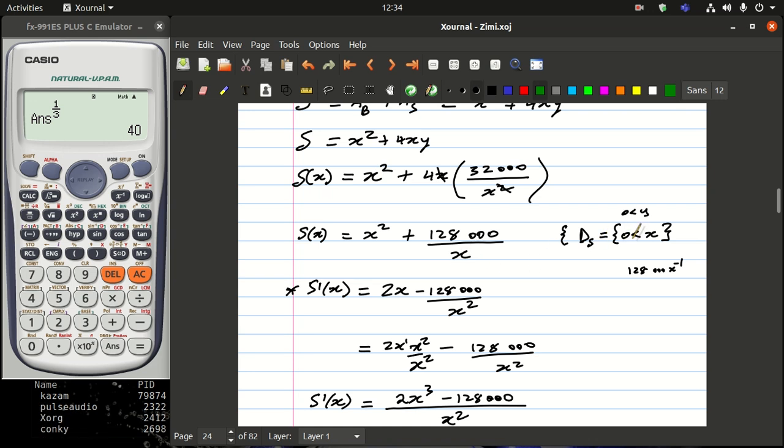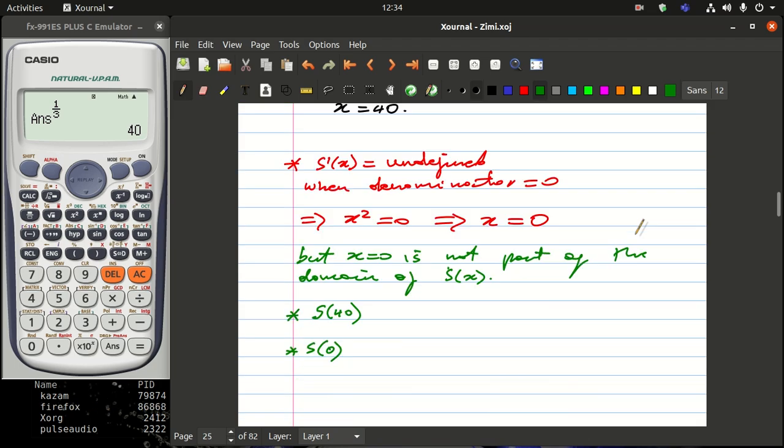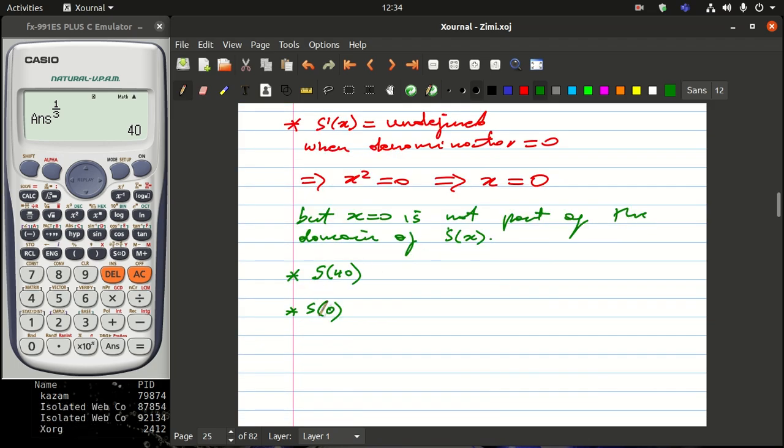Because we don't have equality here, we don't have to check 0, but it is the step we have to end up checking. But we're not supposed to check it because it's not part of the domain. If it was part of the domain, we're supposed to check this. And of course, if we had some values here, we also had to check them. This one, we know that that's just undefined.